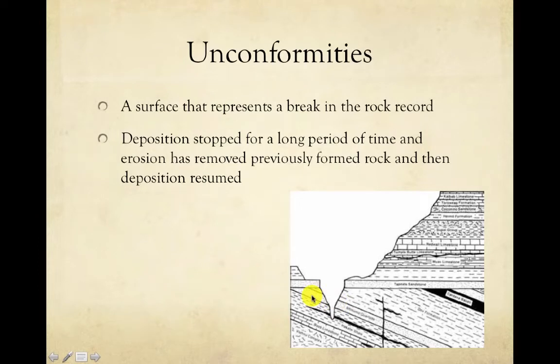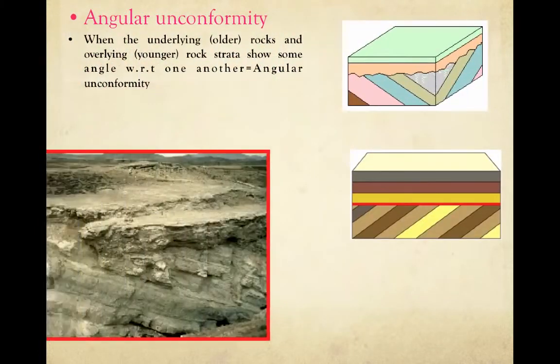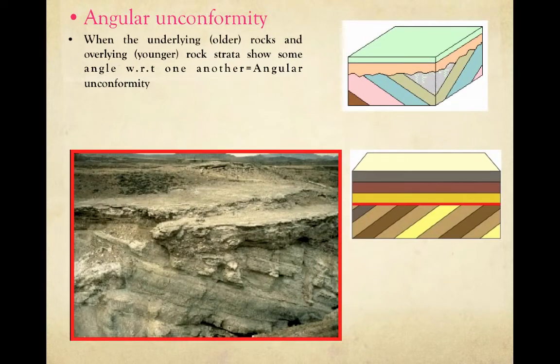There are three different types of unconformities, or breaks in the rock record, that we're going to discuss today. Our first one is an angular unconformity, and this is when the underlying older rocks, so we're talking about down here, and overlying younger strata up here show some angle with regard to one another.